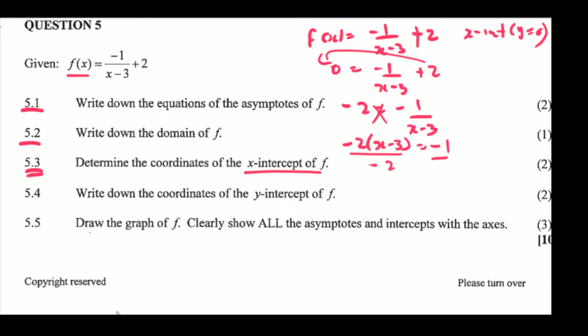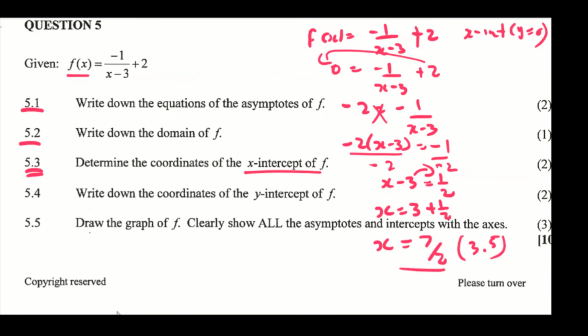Divide by -2 both sides. x - 3 = 1/2 because the negatives divide out. We transpose the -3 to the other side. We have x = 3 + 1/2, so our x value is 7/2, which is basically 3.5. So that is our x-intercept. If you write it in coordinate form, (7/2; 0).